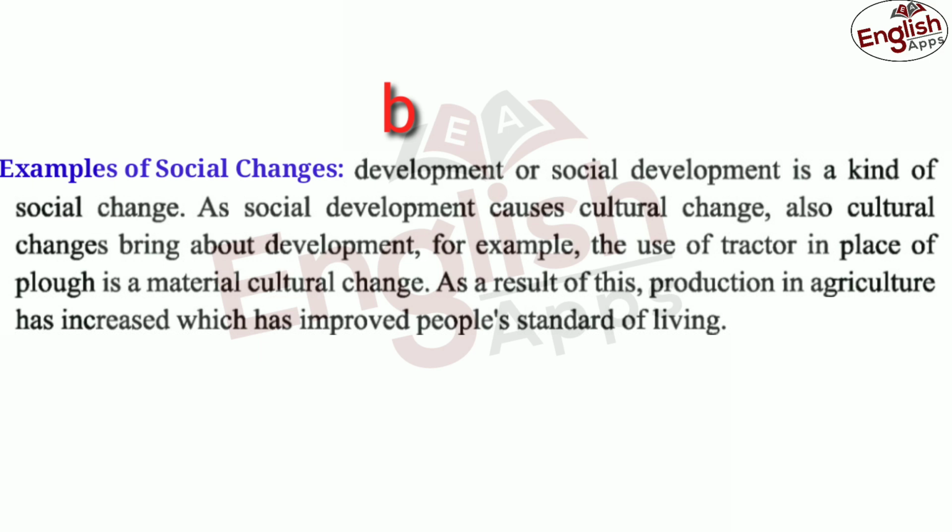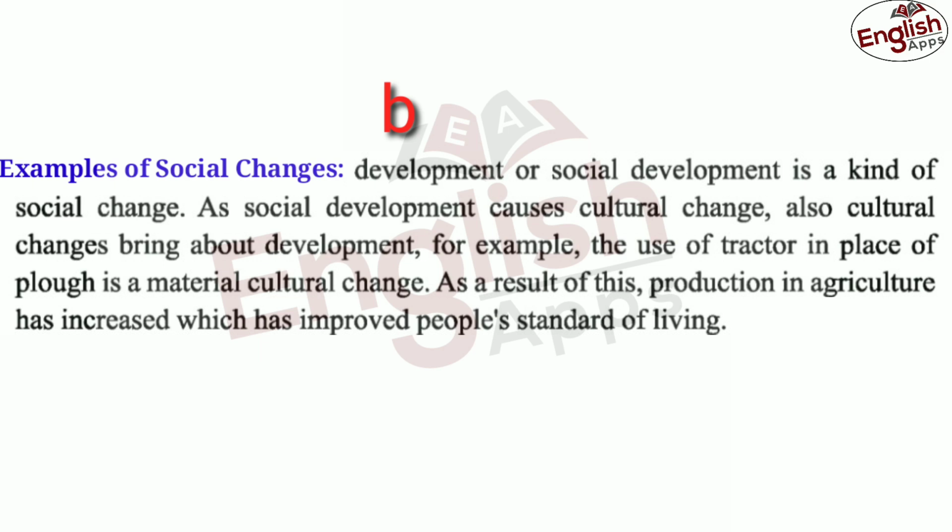Question number 2 is, we have been asked to give 2 examples of social change. This question is from chapter 3. You can see in the screen the examples of social change. Development or social development is a kind of social change. As social development causes cultural change, cultural change also brings about development. For example, the use of tractor in place of plow is a material cultural change.